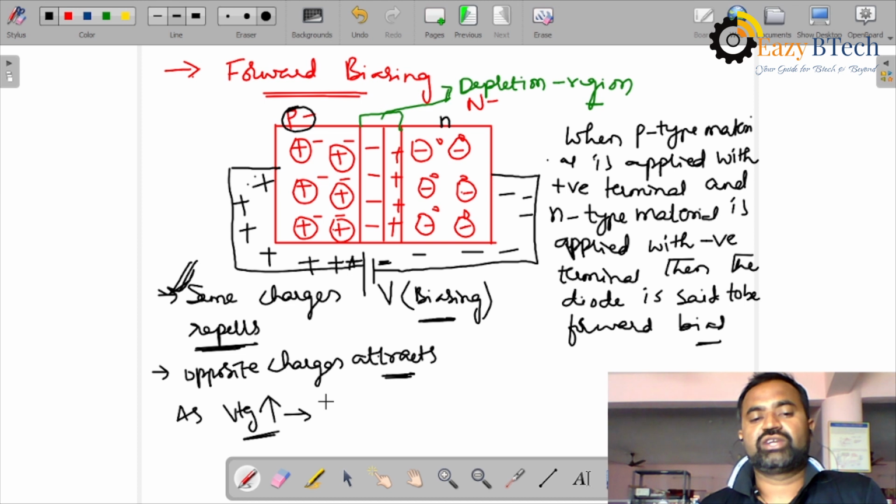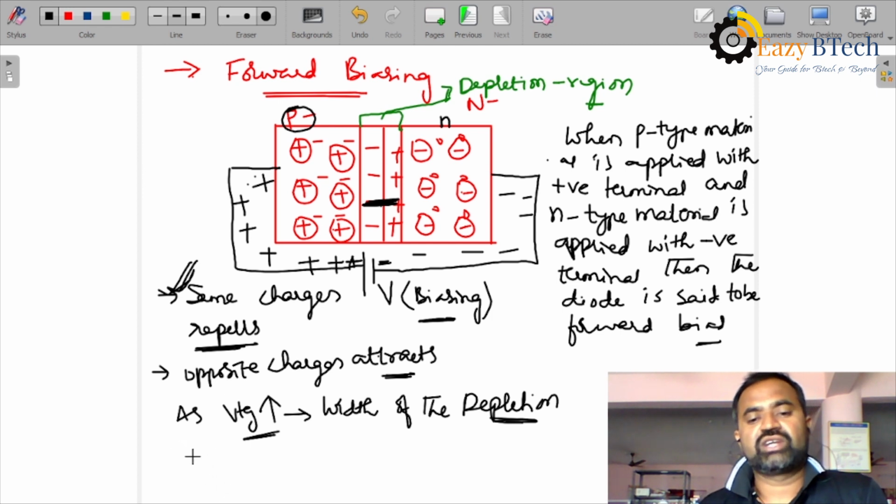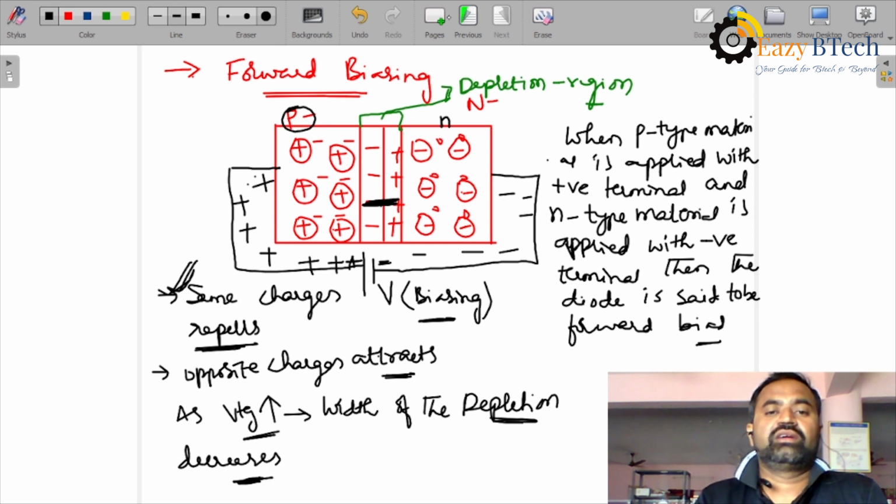Width of the depletion region decreases. Width of the depletion region decreases.